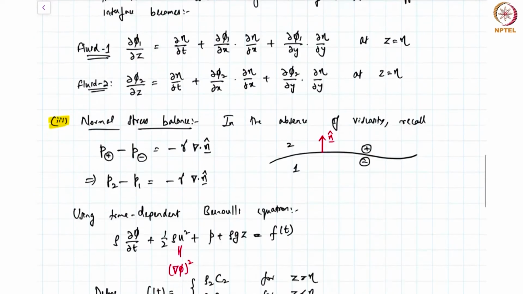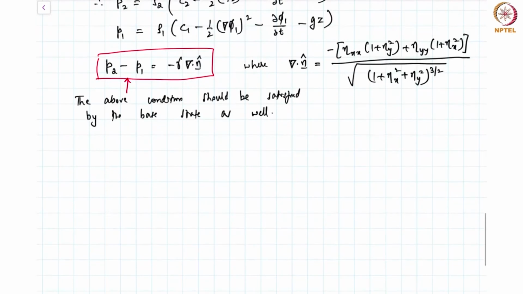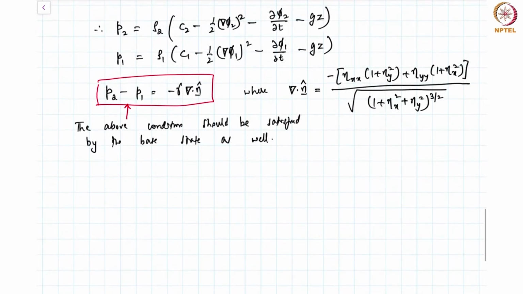Therefore, I can now directly substitute this as follows. Gradient of phi2 would simply be u2 in the upper fluid and it will be u1 in the lower fluid. Okay, so for the base state, we have z is equal to 0.